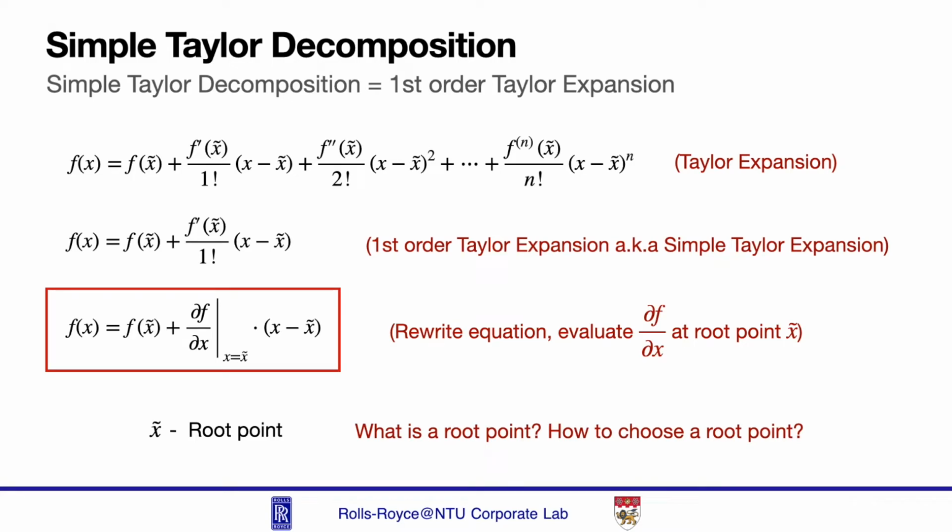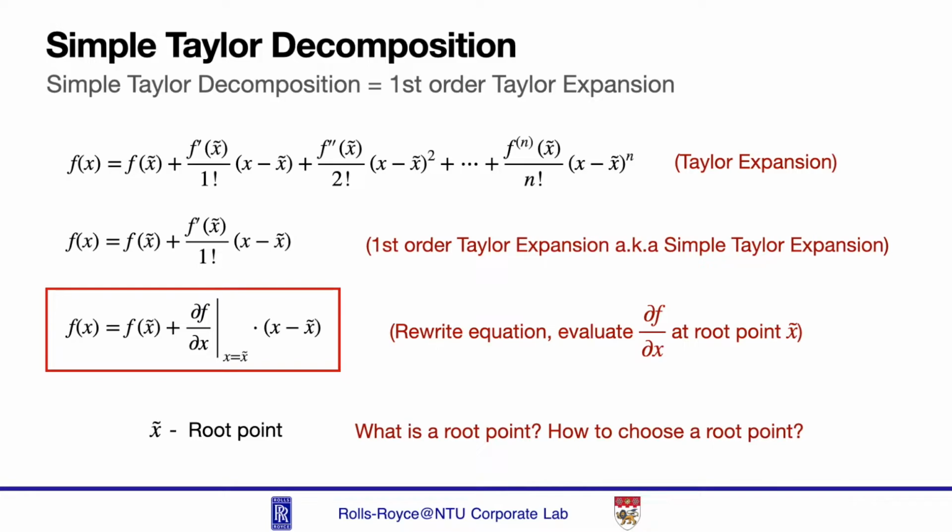And next, we look into the simple Taylor decomposition. The top equation here is the original equation for the Taylor expansion. We often use this Taylor expansion to approximate a function like f of x at a certain point, x tilde.